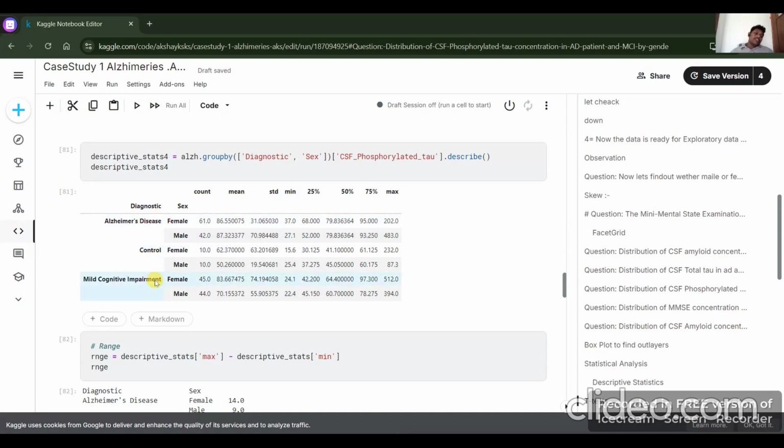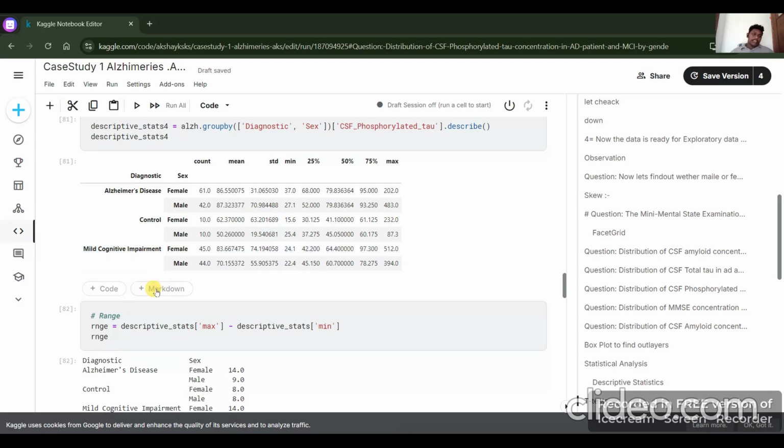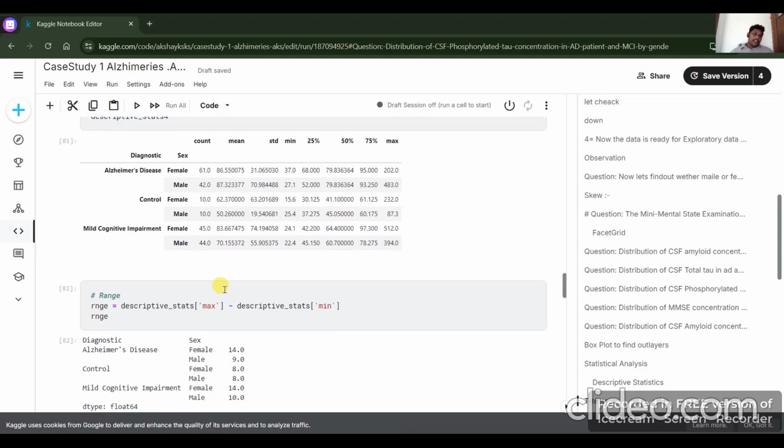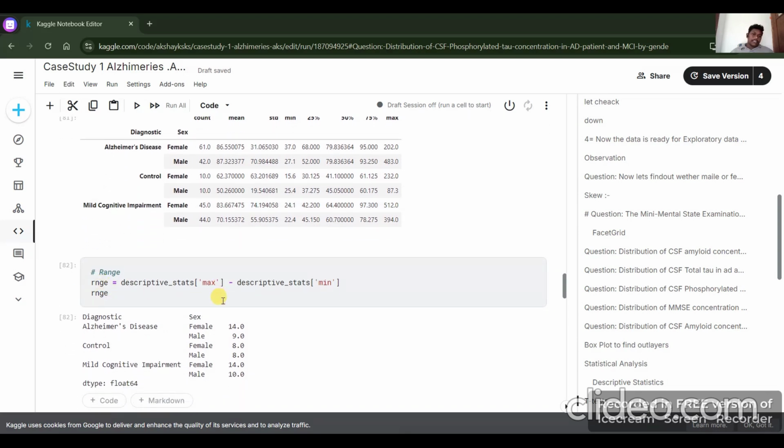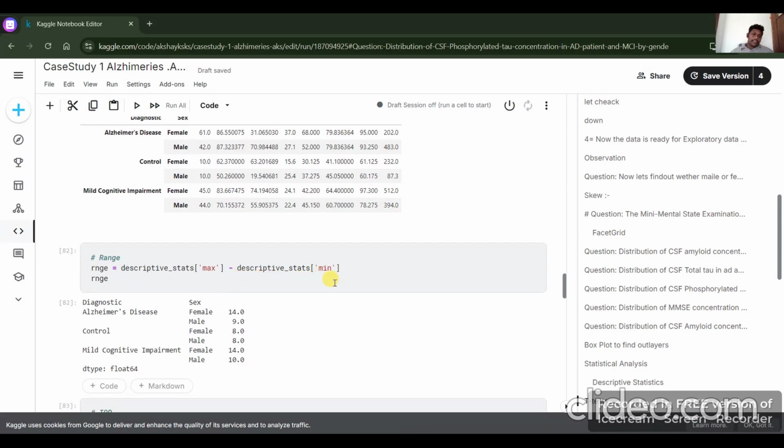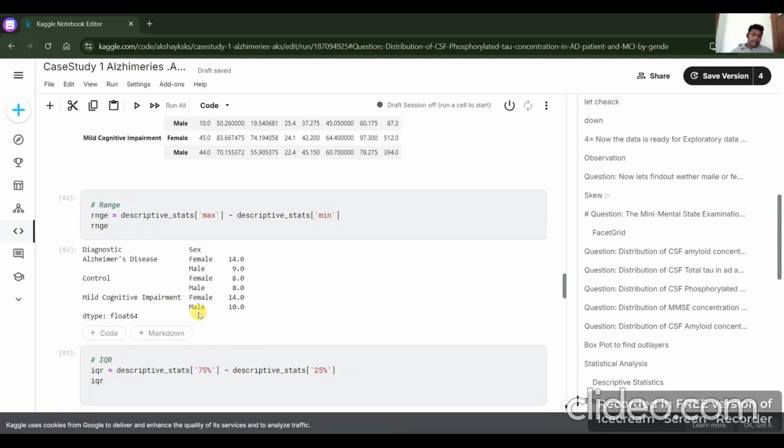For Alzheimer's and control individually we can describe the range, with minimum and maximum. Alzheimer's disease female 14, male 19; control female 8, male 8; MCI female 14, male 10.